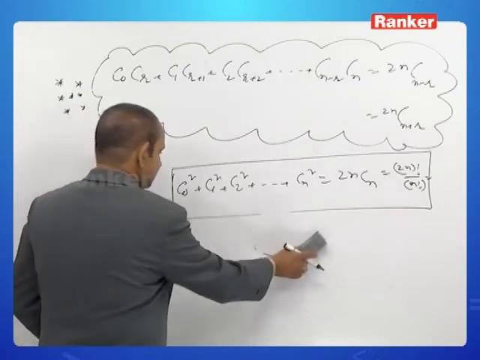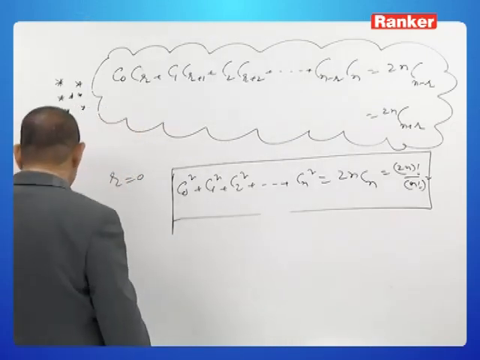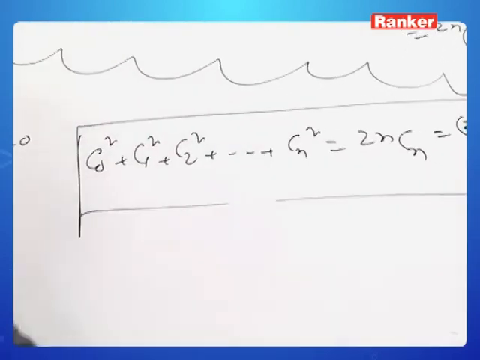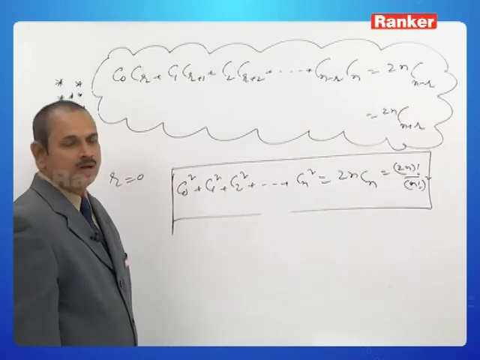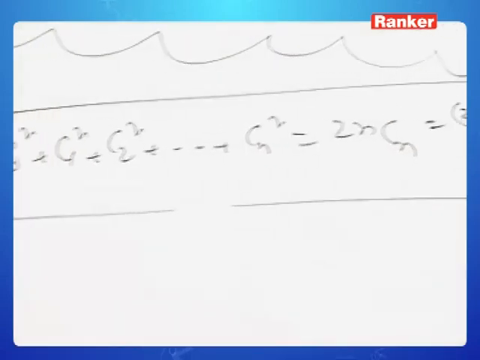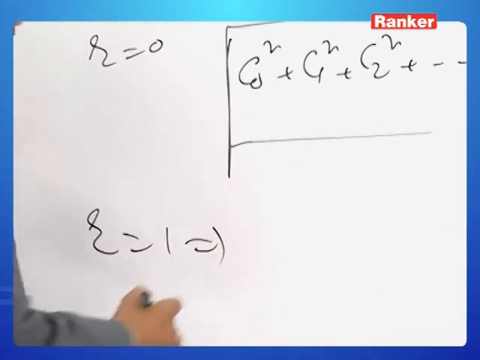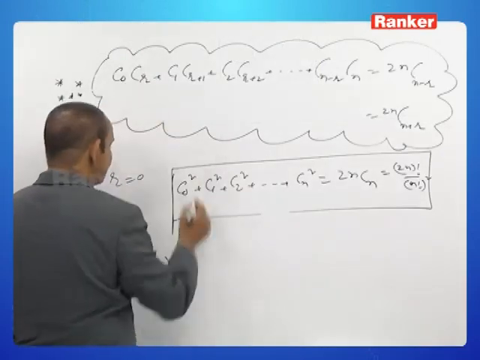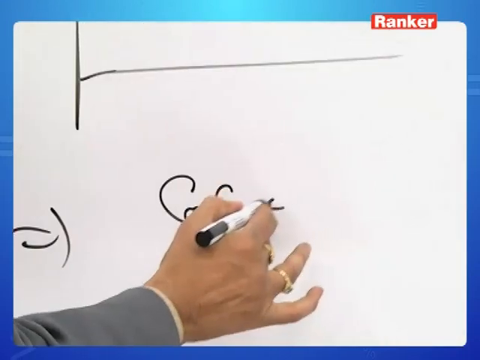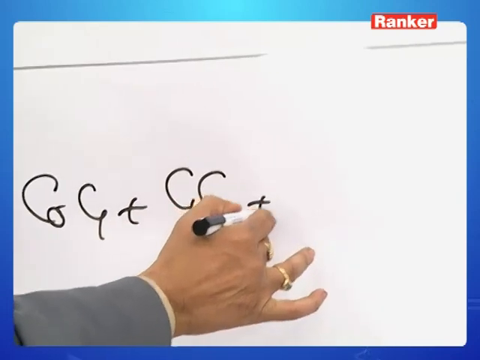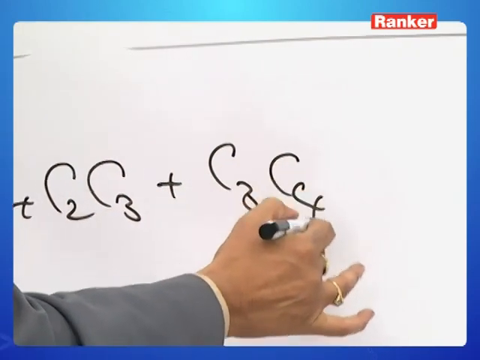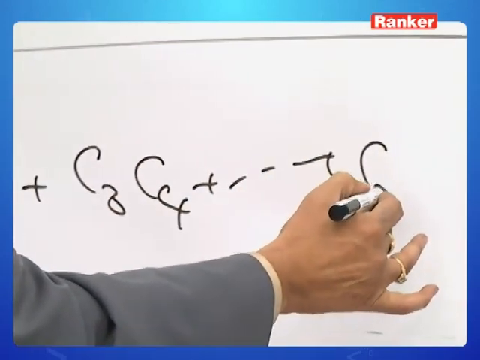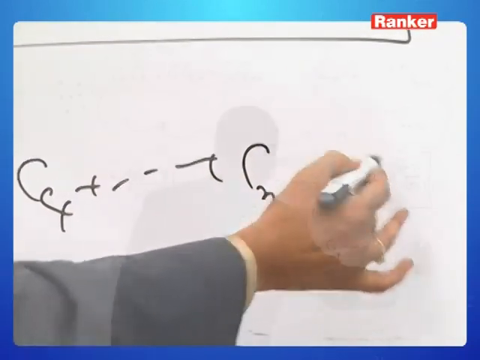Not only that, one more result is also there. We could have brought this into our observation by taking r is equal to 0. Now, my dear friend, take r is equal to 1. What is going to happen? You observe: C0C1, C1C2, C2C3, C3C4 and so on, Cn minus 1 Cn.